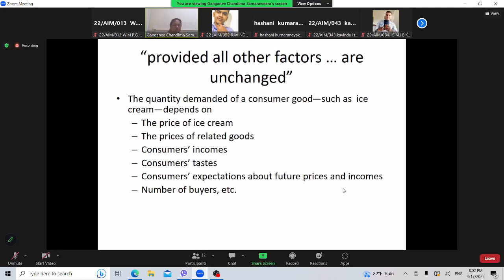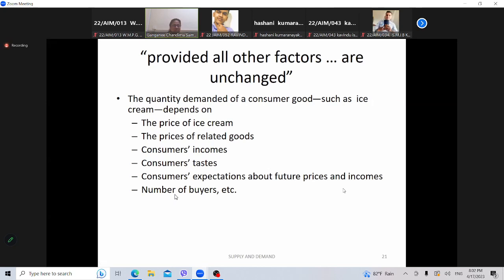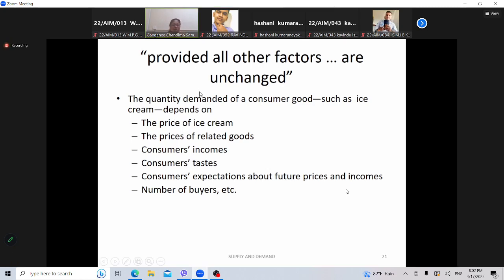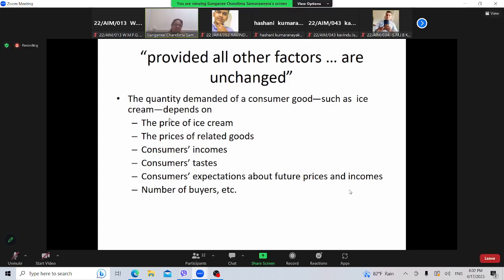But here we need to consider all these factors constant, and we keep only changing the price. If we take all these factors, some factors may be correlated with each other, and then we can't get a clear picture of the law of demand, how the quantity demanded changes with the price change.